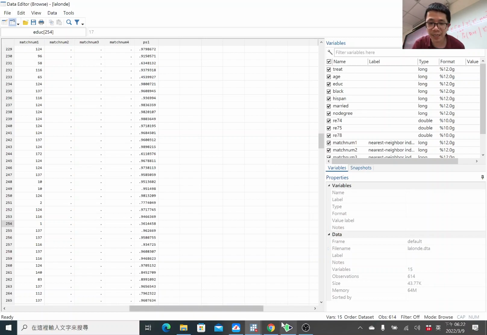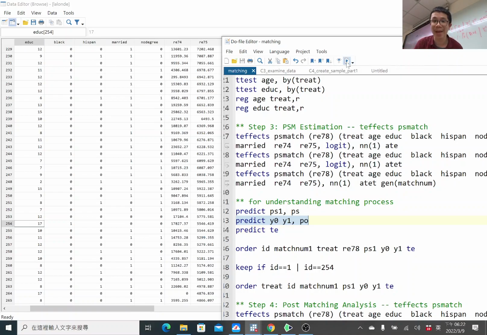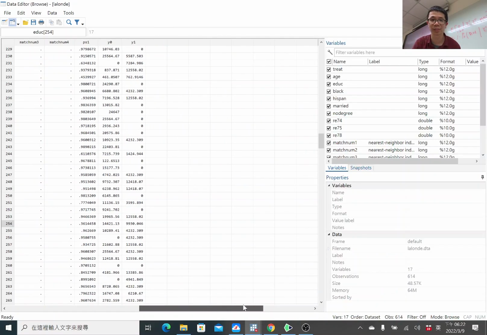And then you can implement this. It will generate the potential outcome without treatment and the potential outcome with treatment, based on propensity score matching. So it will generate y0, y1. So is it just adding these columns to the raw data? Yeah, add, yeah.